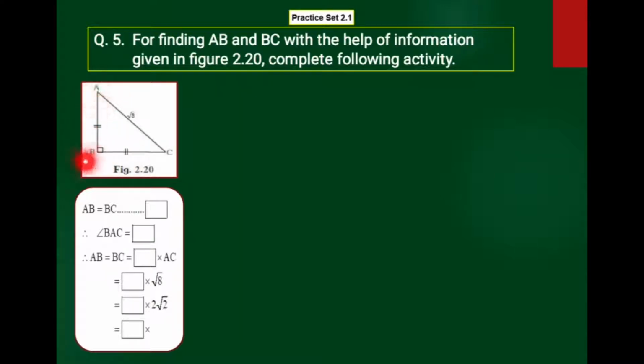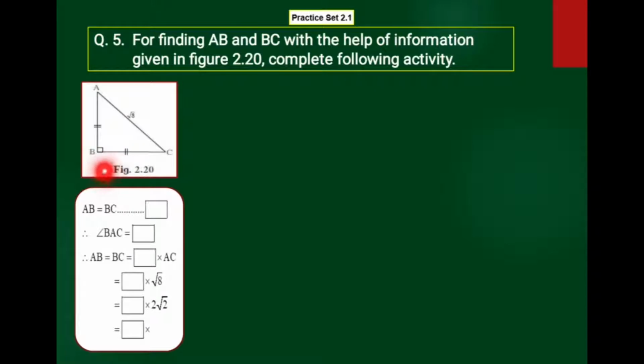In the figure, triangle ABC is given, in which length AB is equal to length BC. So we write here AB equals BC, which is given, and we have to find angle BAC. If you observe the diagram, these two sides are equal, so it is an isosceles triangle.